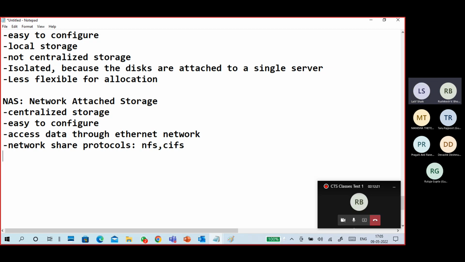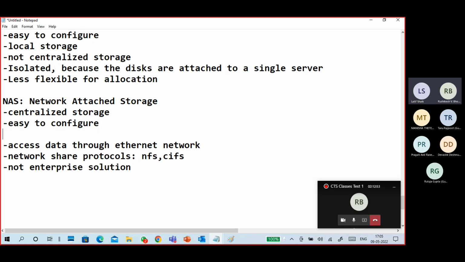So it is not an enterprise solution, not suitable for enterprise. It is easy, less complex, easy to configure.